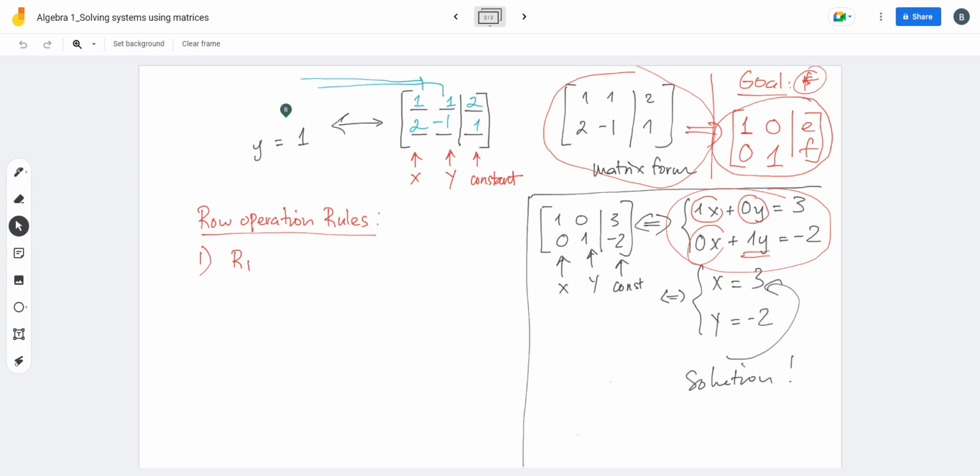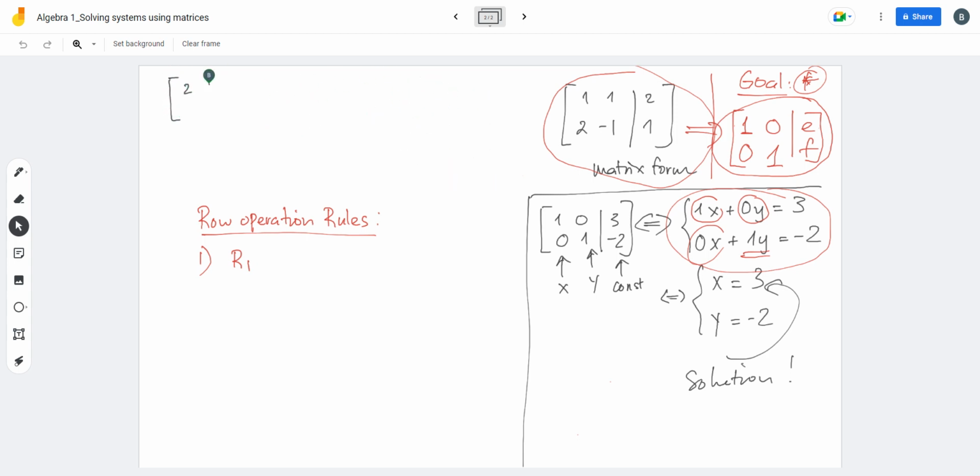Let's start with something like this. I would have 2 1 1, 2, and then here I have 3 minus 1. This one right now is currently row 1, so I write r1, and this one is row 2. Now what happens if I want to move row 2 up here and then row 1 goes down?